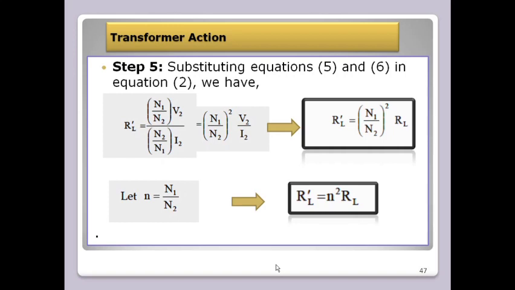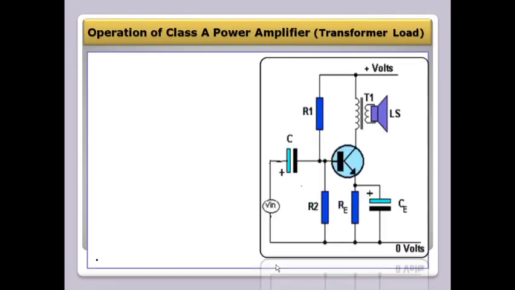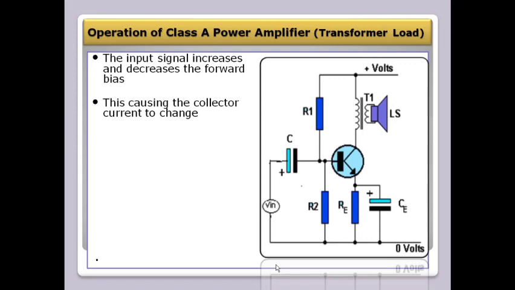Okay, we have calculated that. Now let us go to the operation of the class A power amplifier with the transformer load. The input signal now increases and decreases because it is a sine wave, which increases and decreases the forward bias of the transistor, causing a change in the collector current.